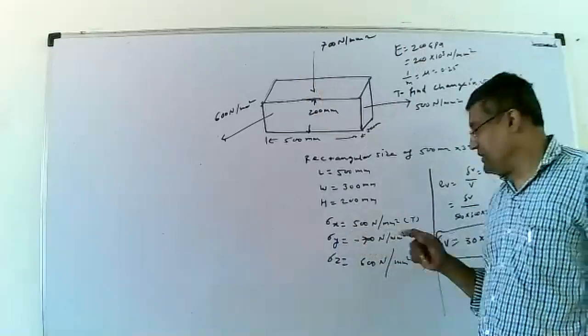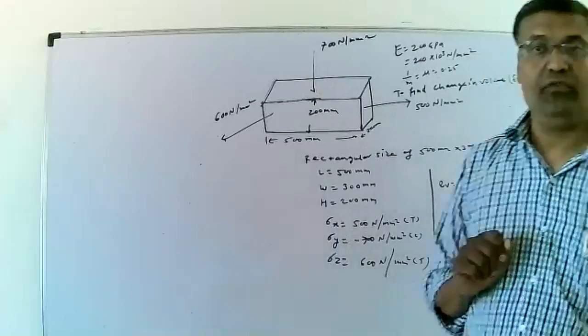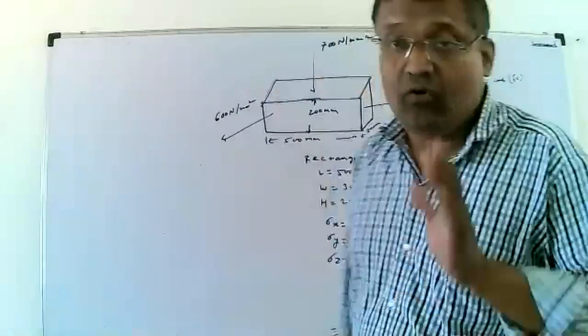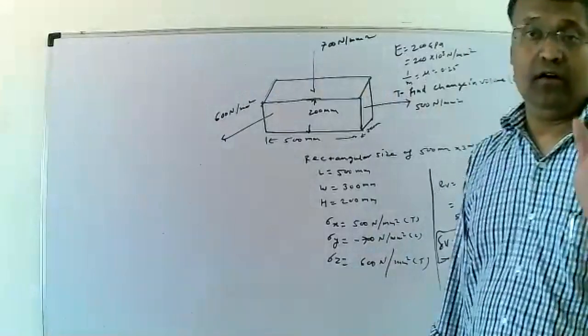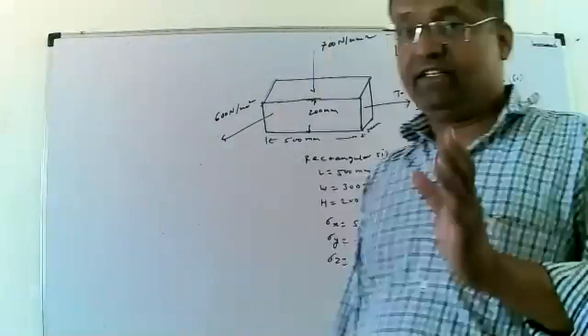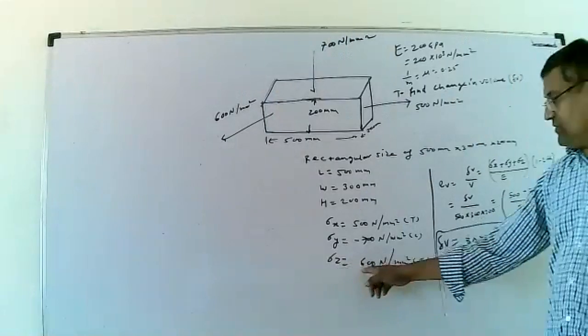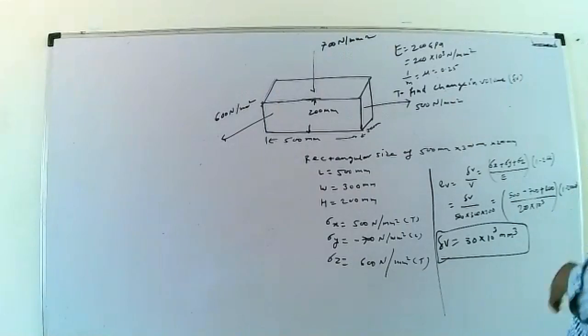Sigma x 500 Newton per mm square tensile, sigma y minus 700 Newton per mm square compressive. Why is it taken minus? Because of compressive. A compressive stress is represented by a negative sign, whereas tensile stress is represented by a positive sign. Sigma z equals 600 Newton per mm square tensile.